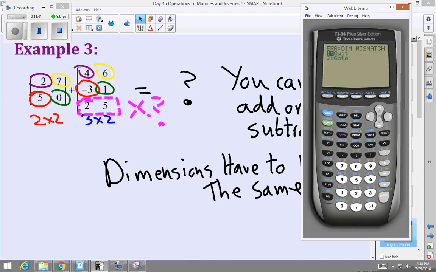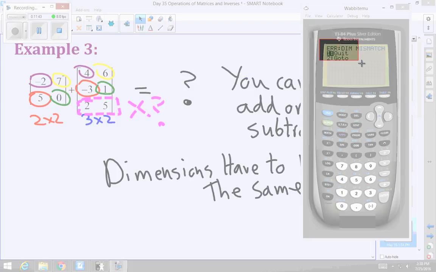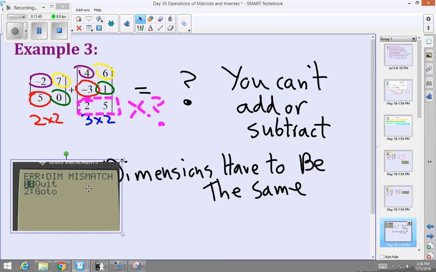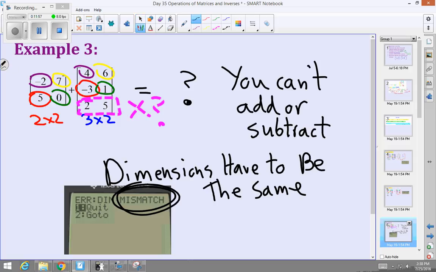So I want you to know that that's the error. That's what the calculator is trying to tell you if you're adding things that don't have the same dimensions. It says dim mismatch because you're not matching. That mismatch idea is the whole thing: that's a 2 by 2, that's a 3 by 2, they don't pair up.